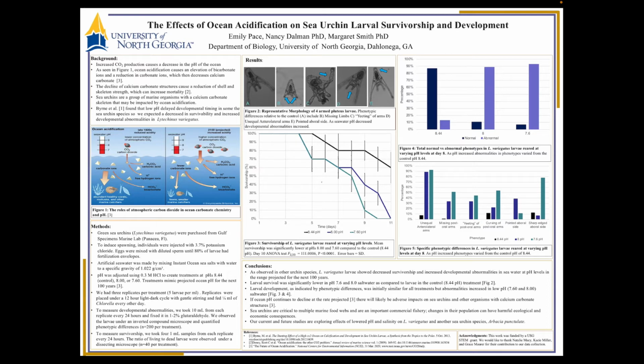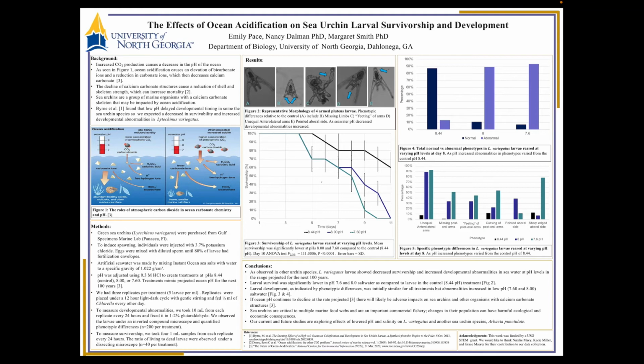Figure 4 shows a total normal versus abnormal percentage for phenotypes in larvae reared at varying pHs for day 8 of the experiment. The y-axis is percentage, and the x-axis is normal versus abnormal, and each pair of bar graphs represents a pH. As pH decreased, abnormalities in phenotypes increased.